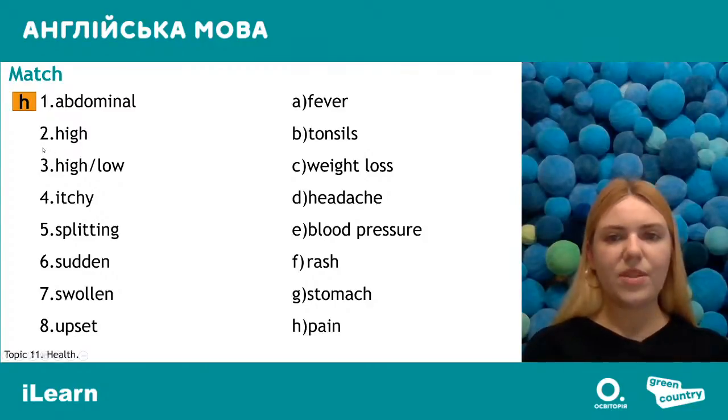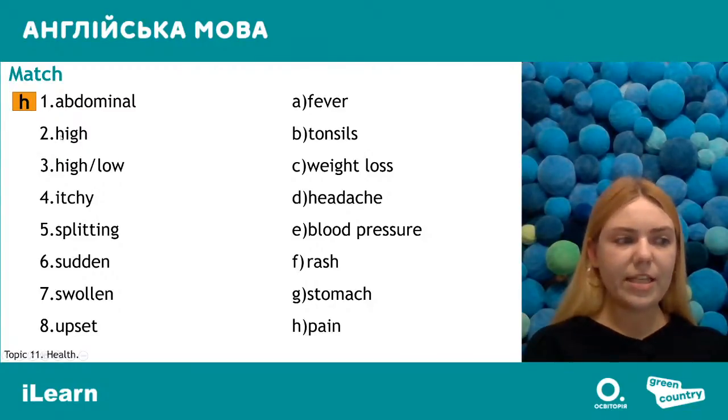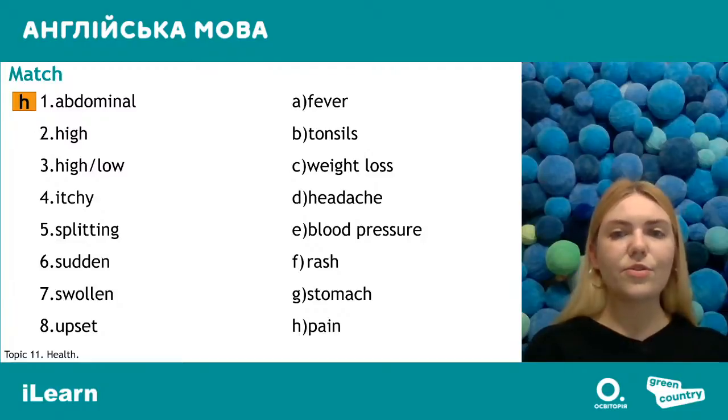So number 2, what can be high? And please pay attention to number 2 and 3, because in 2 we have high, and in 3 we have high and low. So for number 2, you need to use the word before which we can't use low.